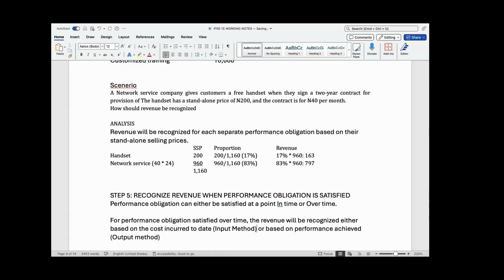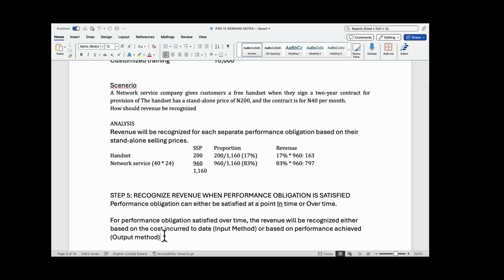So like our school now, equity professionals, for those of you that have paid fully, you know that we cannot recognize the full amount as revenue because the performance obligation is satisfied over time. So for us now, we can easily use the output method because we know that the lecture is for 4 months.